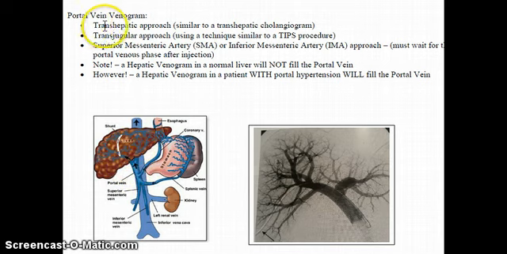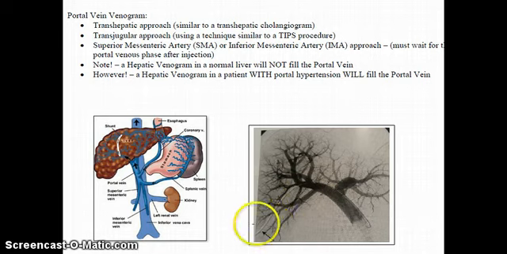First, there is the transhepatic approach, and that's similar to a transhepatic cholangiogram, meaning a catheter is simply punctured from the skin into the liver, and that's what this picture is demonstrating. So local anesthetic was applied to the right flank area, and then a needle was pushed all the way in, and as the needle is being pushed in and pulled out, you're aspirating, looking for blood return.